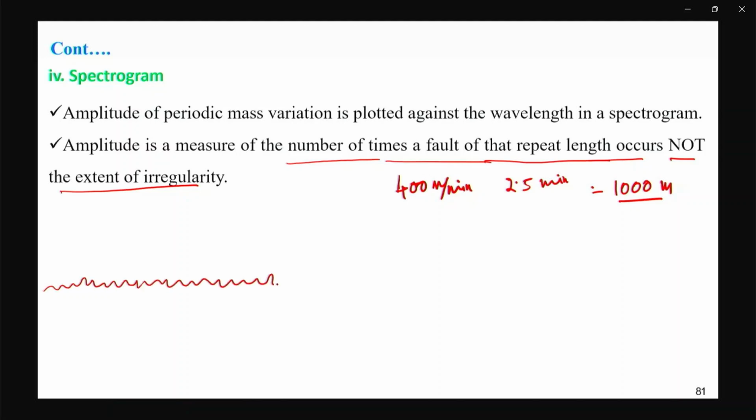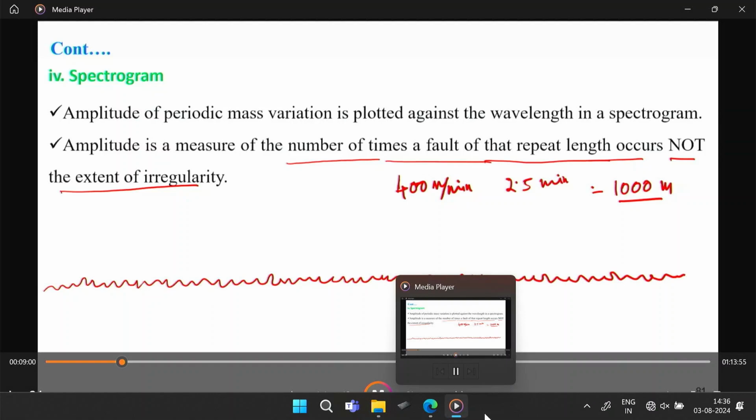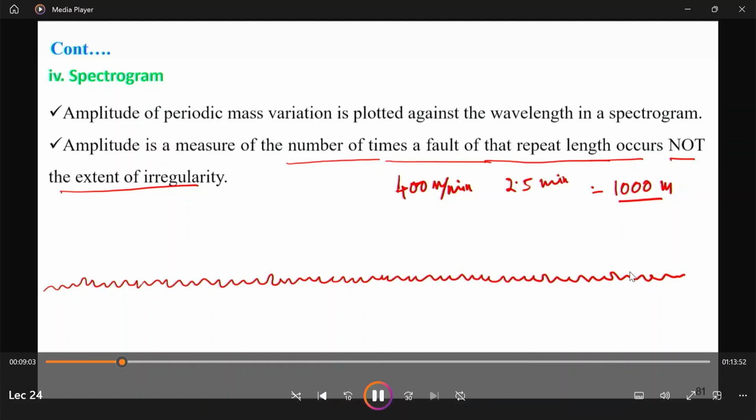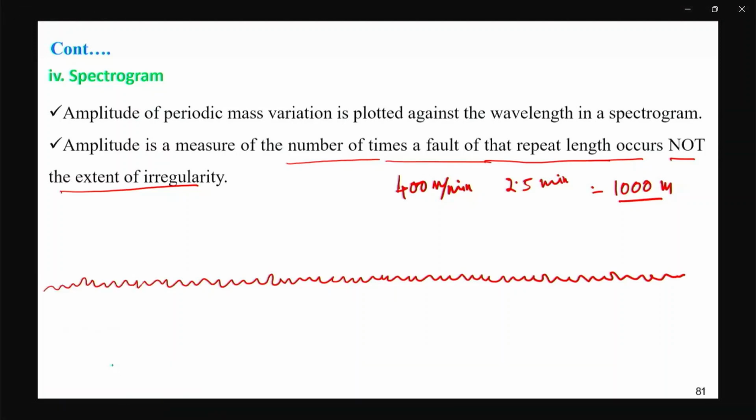Now let us consider three different types of yarn strand. The red color I am drawing here is the most irregular type of yarn. There is no repeat, so it is not a periodic fault. It is a totally random variation. The second yarn I am drawing is of length 1000 meter, which has periodic irregularity.